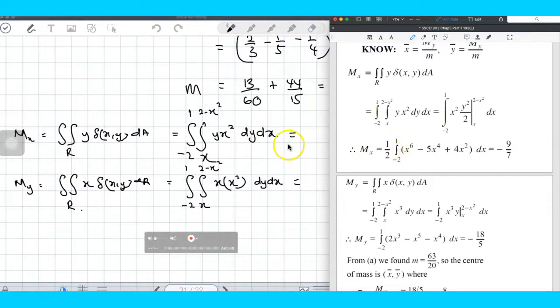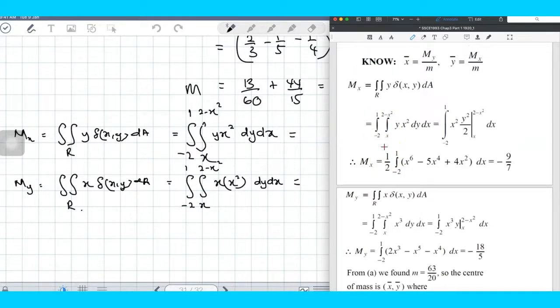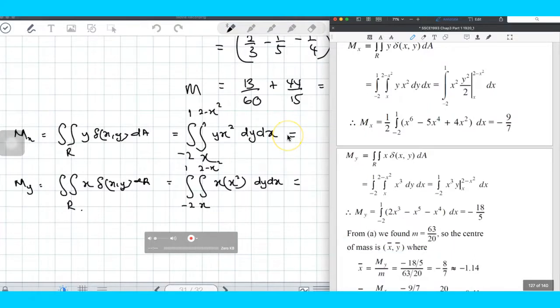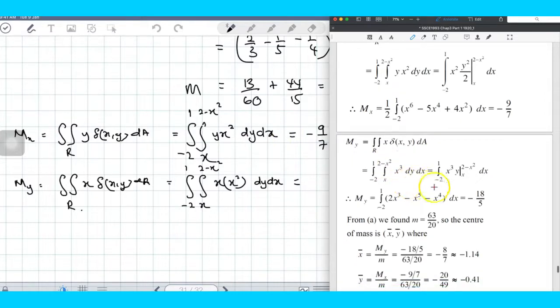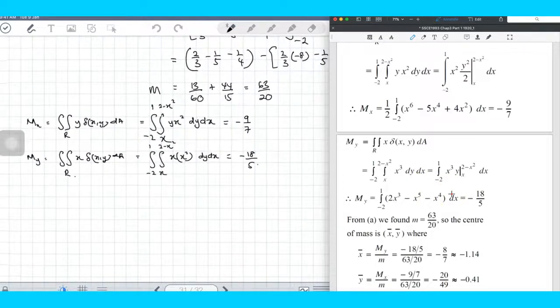For the moment of mass about the x-axis you will get negative 9 over 7, and the moment about the y-axis you will get negative 18 over 5.